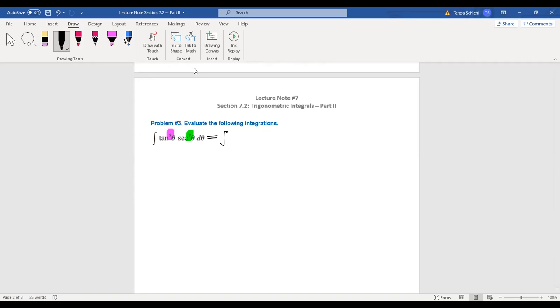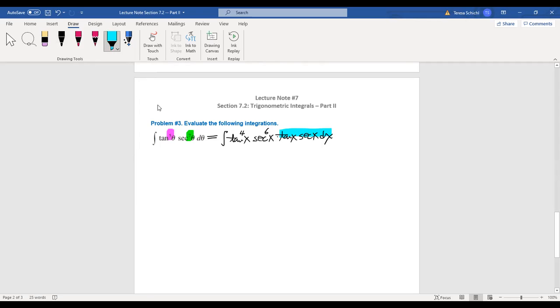So I can say this one here is tangent 4x, and this is secant 6x. Then I have tangent x secant x dx, right? So now this is good. Why is this good?